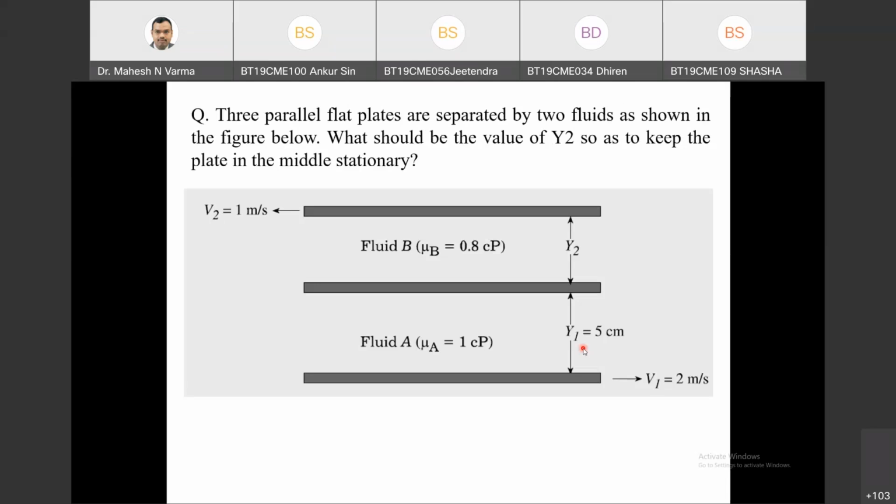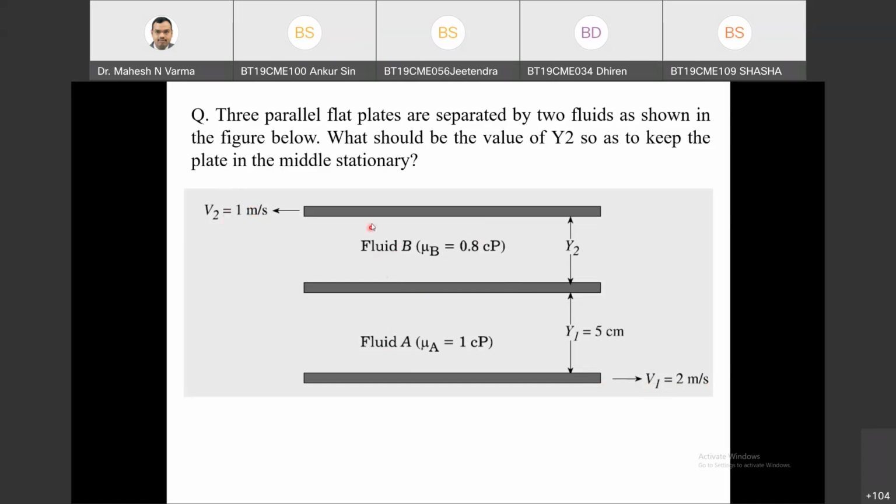Three parallel plates are separated by two fluids as shown in the figure below. This is the fluid with a viscosity of 1 centipoise, and this is the fluid with a viscosity of 0.8 centipoise, fluid A and fluid B. One plate is moving with a velocity of 2 meters per second in the positive direction, and the other with 1 meter per second in the negative direction.